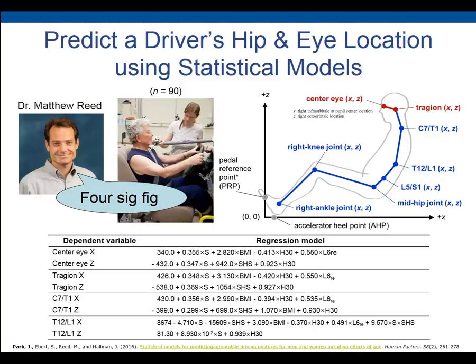And then the models were developed by employing regression analysis. And we published these models in human factors journals. As you can see, the statistical models have 4 significant figures. And some numbers are expressed in scientific notation. You can see the T12L1Z joint location prediction models have scientific notation.